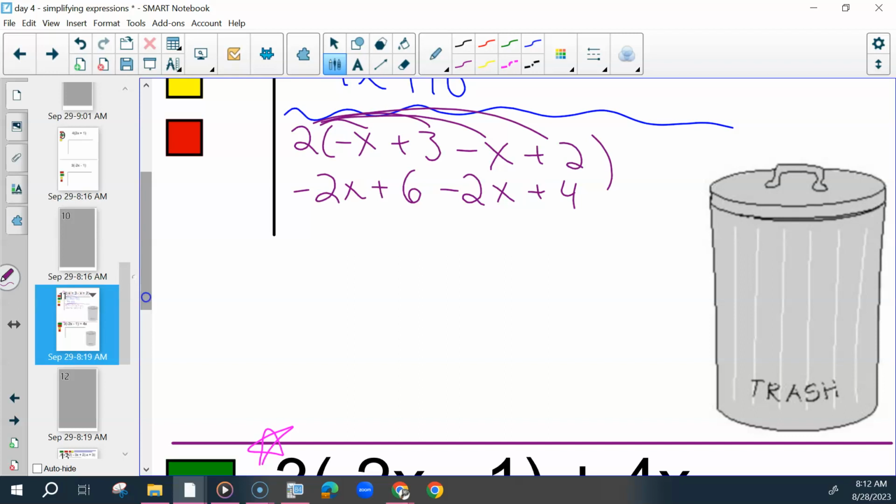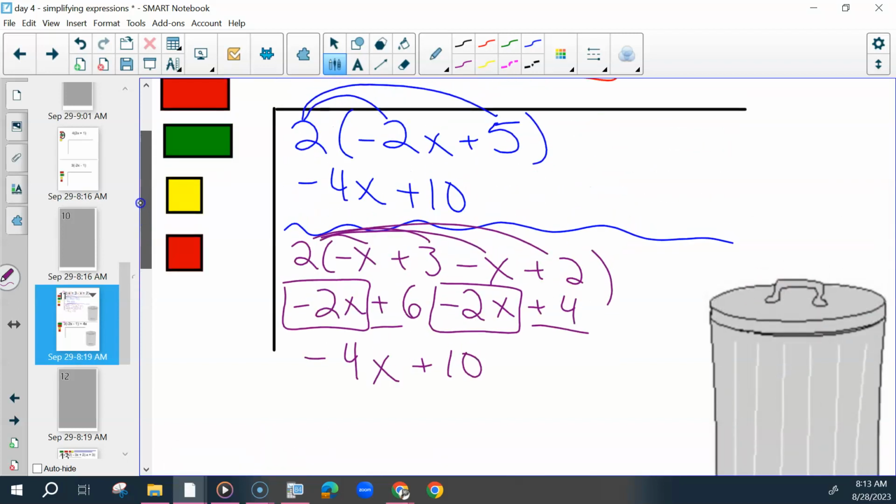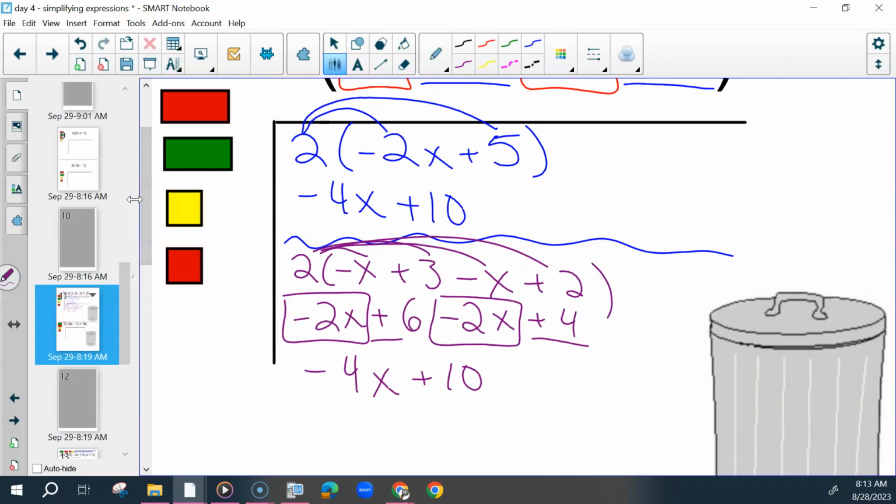But then I would still need to combine my like terms. What would we get? Negative 4x plus 10. So we would get the same thing either way, as long as you still do both operations.